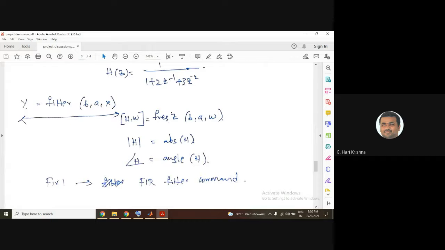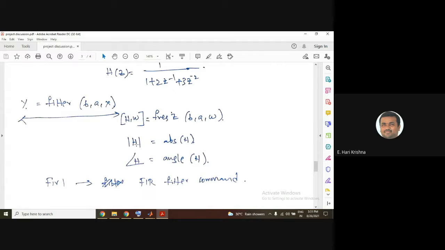To know the frequency response of the designed filter, you can use the command freqz B comma A comma omega. B is the numerator coefficients, A is the denominator coefficients, omega is 0 to 2 pi.